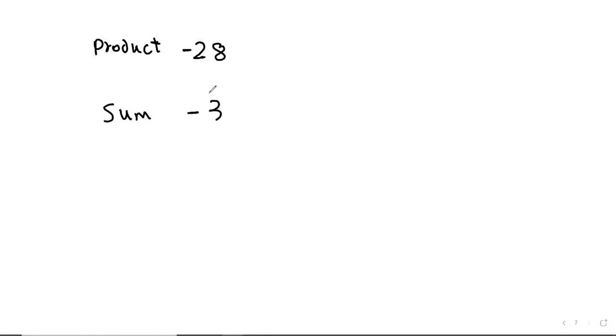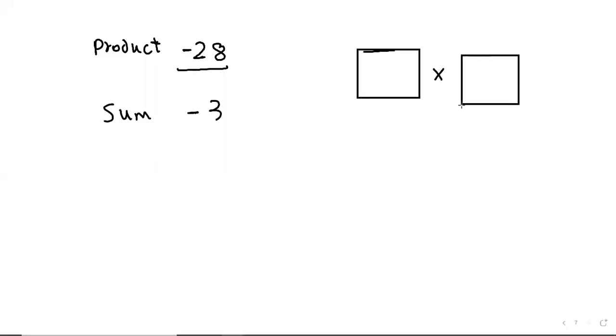What are they? The two numbers, their product negative 28. Because the product is negative, one of them is positive and the other one is negative. Positive times negative equals negative. So I need negative 28.